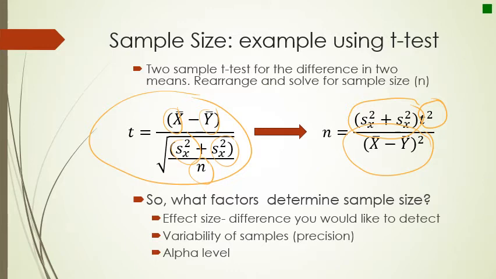But the variances of those two populations that you're sampling from are simply something that's inherent to the system that you're studying. And so in order to estimate sample size, you're always going to need some estimate of those variances, either through a pilot study or by going to the literature, looking and seeing what other people have found for variance in home range size of red squirrels, or you may have to make some educated guess.